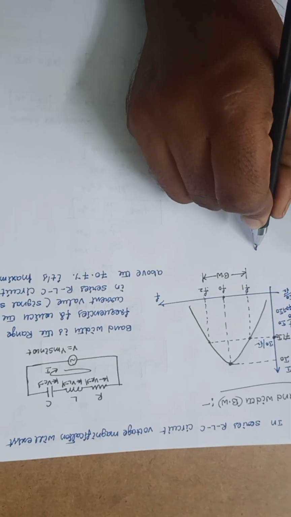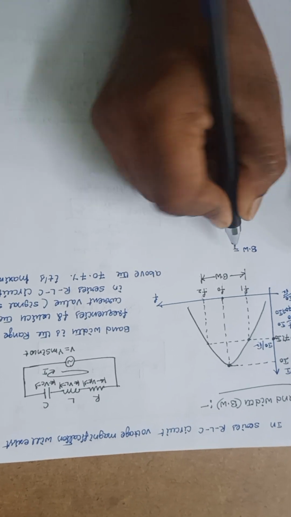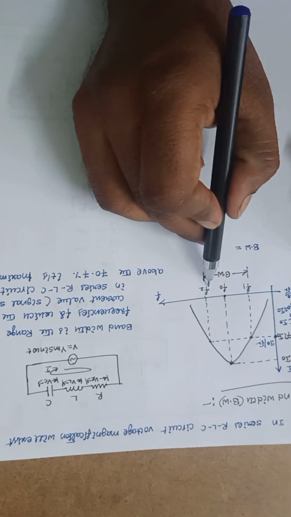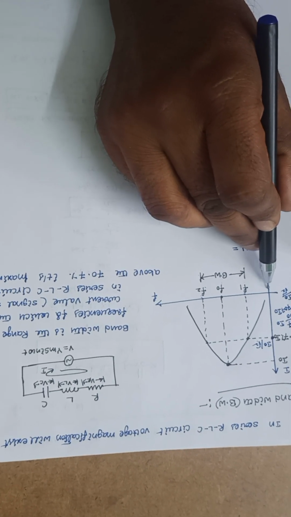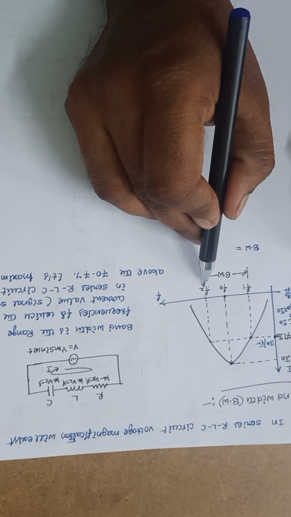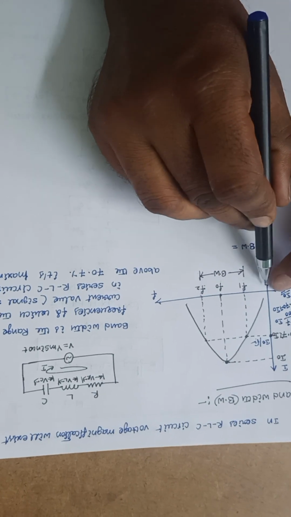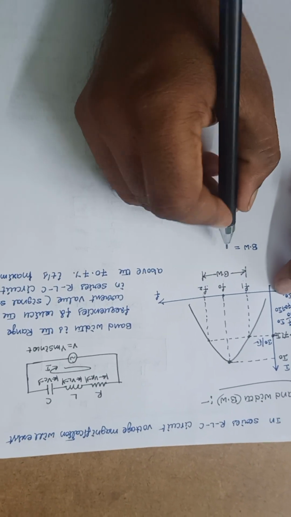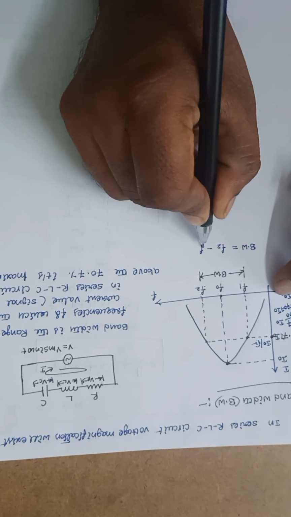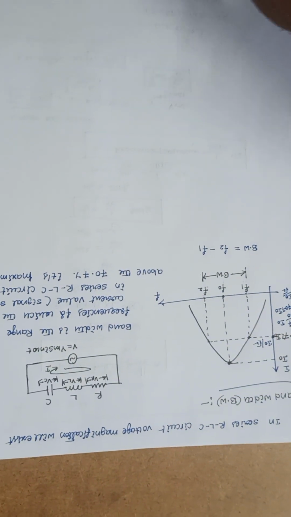The bandwidth can be calculated by subtracting f1 from f2. If I subtract f1 from f2, I will get this portion. So that is f2 minus f1. This is the bandwidth.